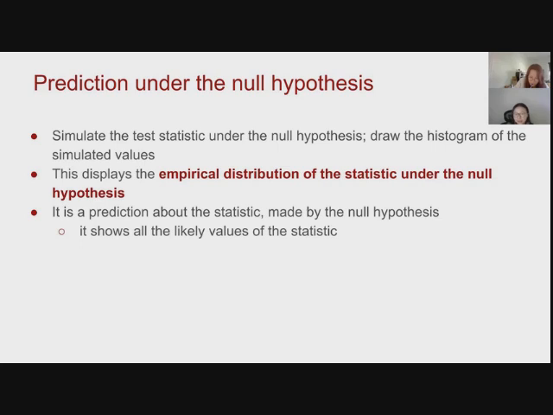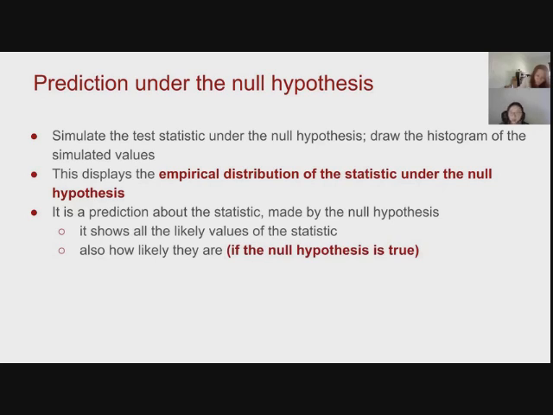Again, this prediction shows all the likely values of the statistic. Not all of the possible values, but the likely values, because it's simulated. It's possible that some value you never simulated, but if you simulate enough times, you'll cover most of them. We also see how likely they are if the null hypothesis is true. We highlight this because the distribution we're getting is under the assumption that the null is true.